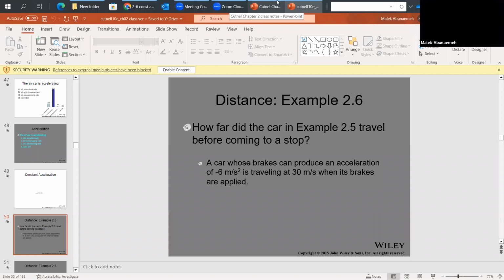How far did the car in example 2.5 travel before coming to a complete stop?